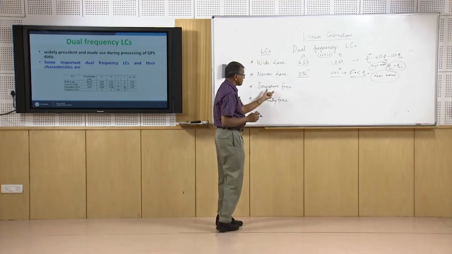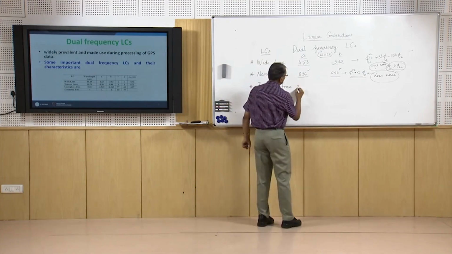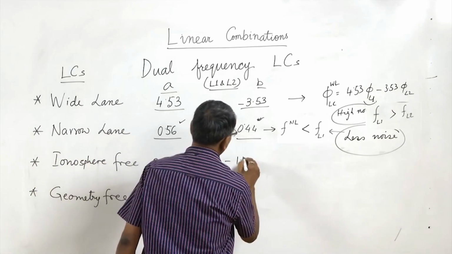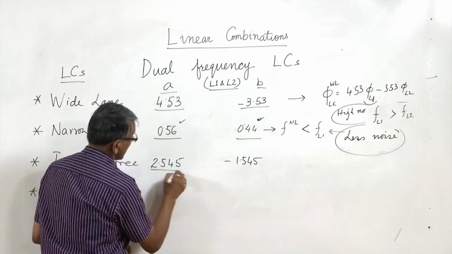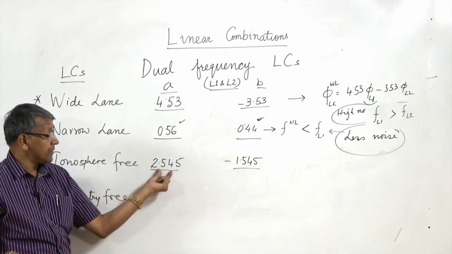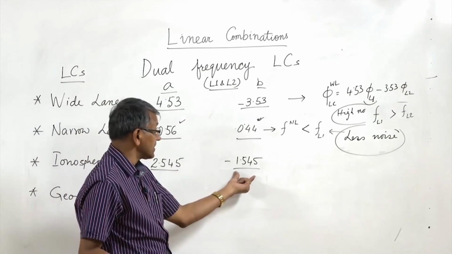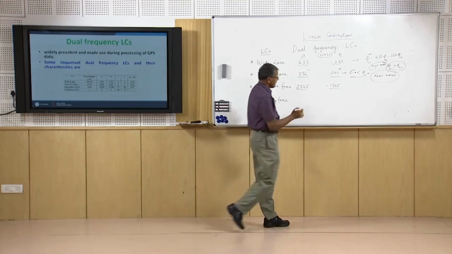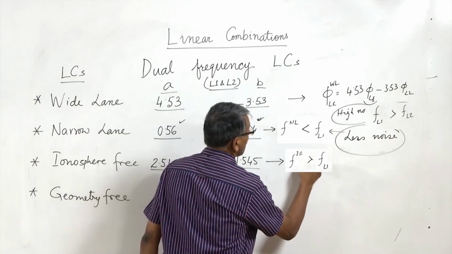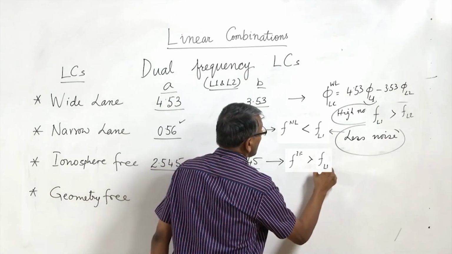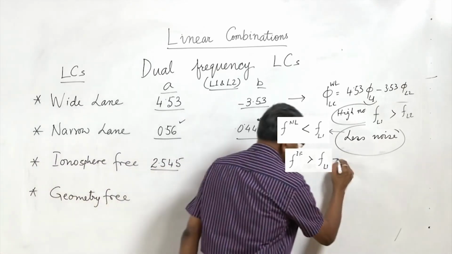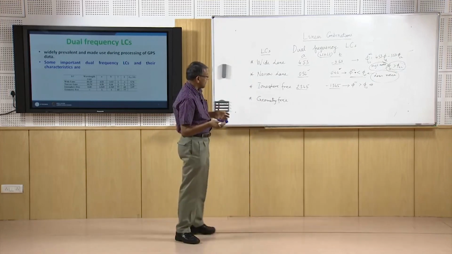Then ionosphere free linear combination: these are the constants which we have to multiply with the phase of the L1 signal and the phase of the L2 signal, and again we will get the frequency of ionosphere free to be more than the frequency of L1 signal, which will provide us a good signal for getting the ionosphere free.